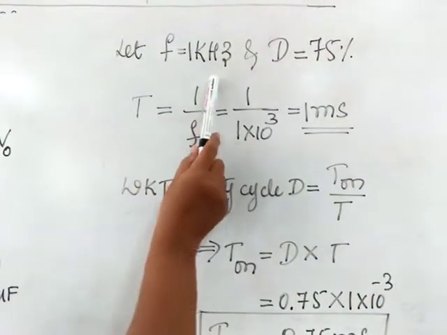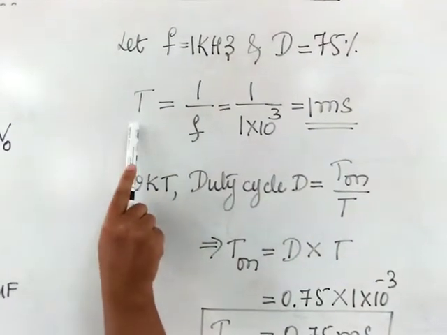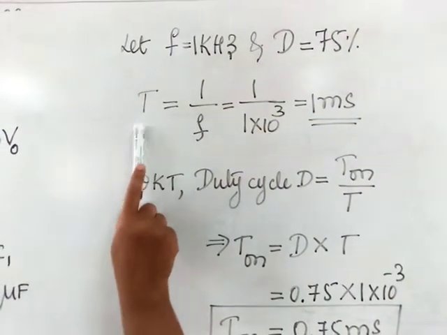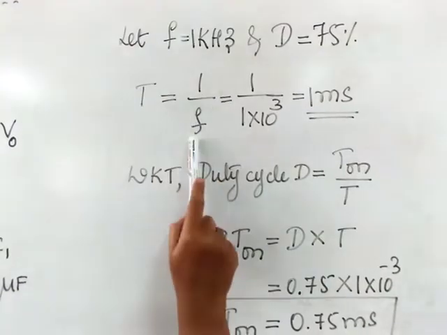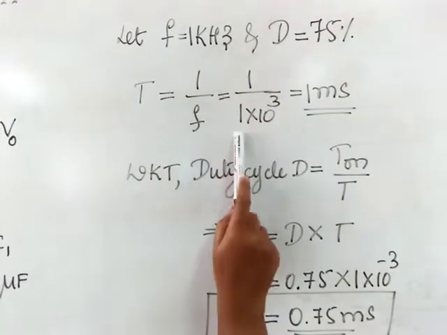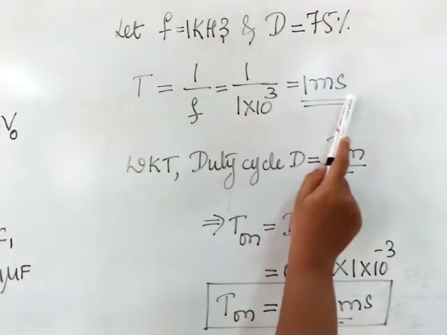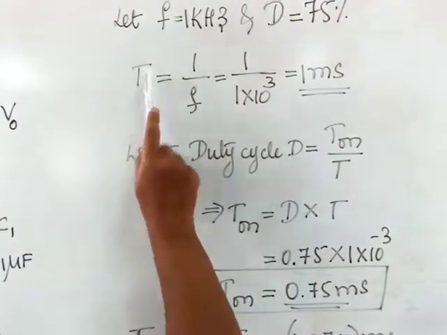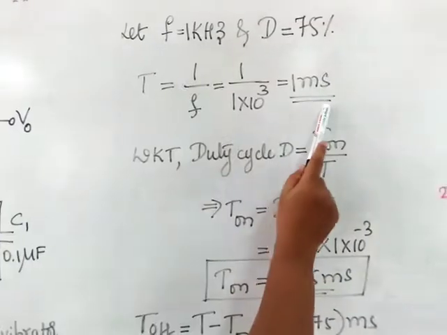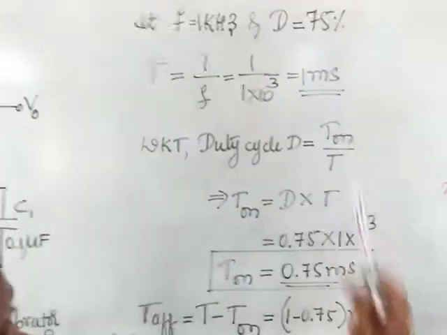Frequency is given, so we can easily calculate the time delay, that is the period. One period T is equal to 1 over f, that is 1 over 1 kilohertz, which is equal to 1 millisecond. So the total period T should be equal to 1 millisecond. Here in the waveform you can observe what T is.